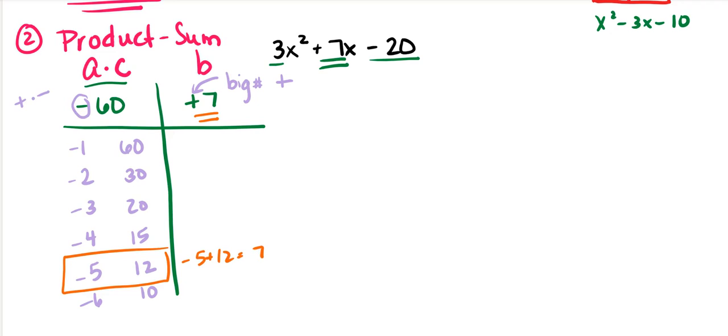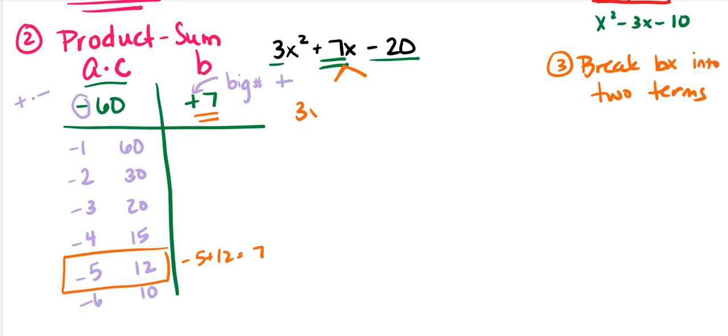Okay? So for the box method, after you find your product sum, you break bx into two terms using the factors that you got. In other words, right here, I'm going to keep my 3x squared.